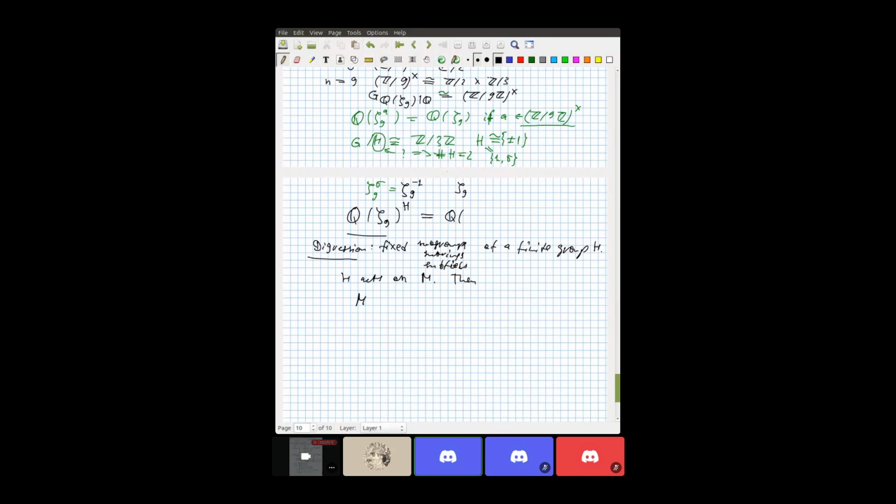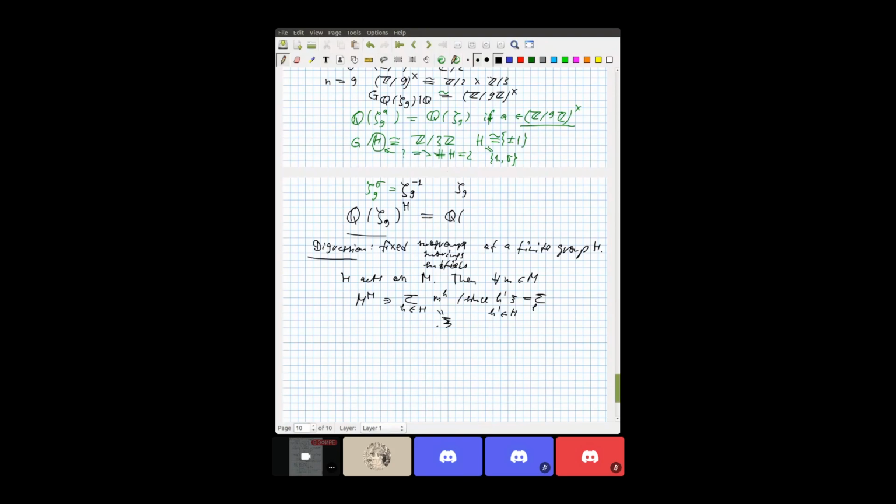Then the elements like sum over all... I'll just take any element of M, and sum up over the H orbit of M, and then it is fixed by H, because when you apply, let's call it psi, some element of H to Xi, then you just get a permutation of these elements.